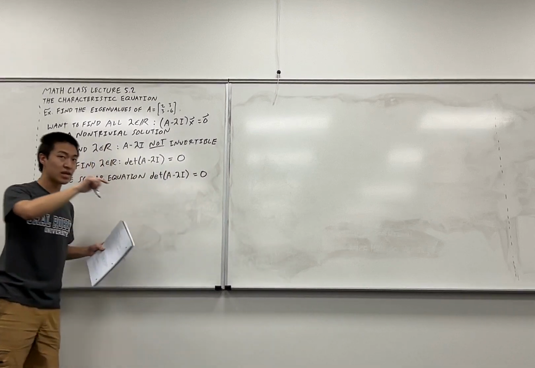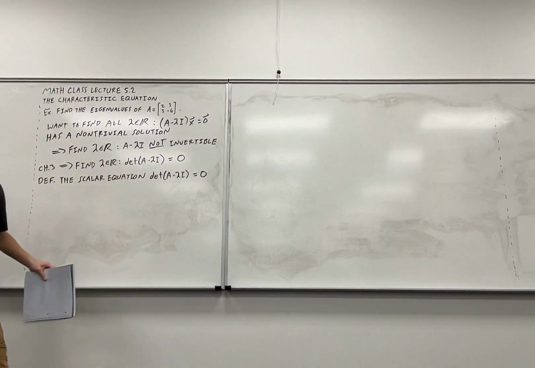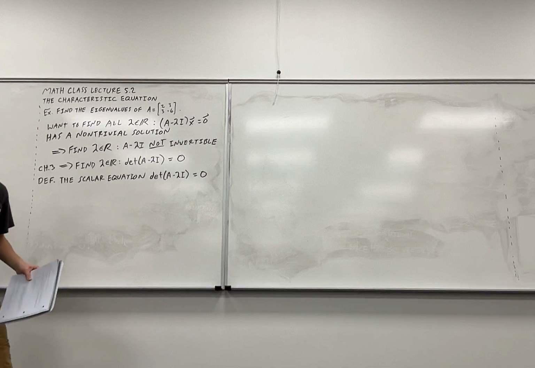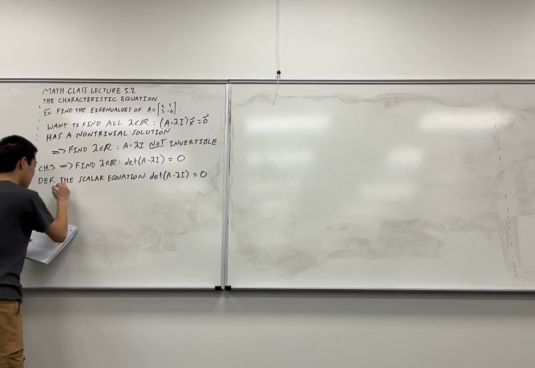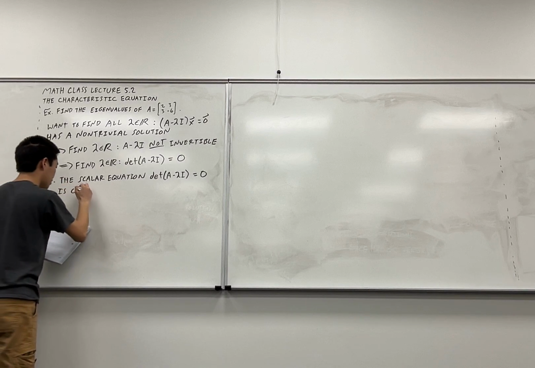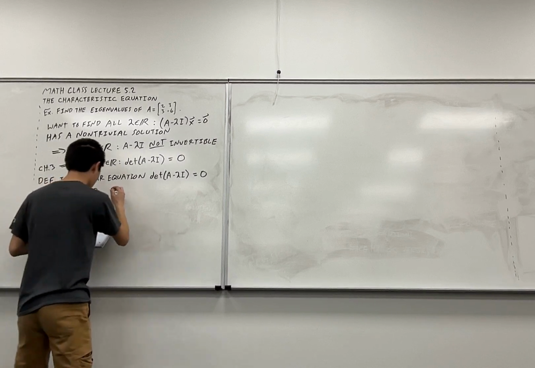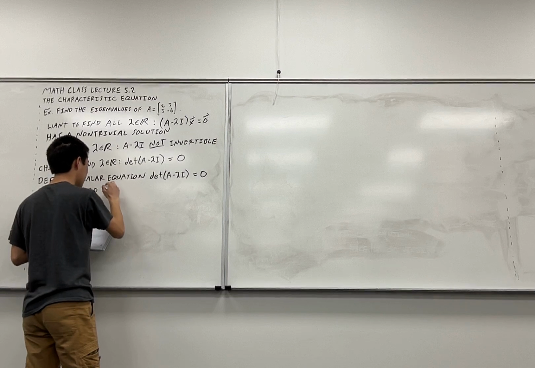Because recall, determinants don't spit out vectors, they don't spit out matrices. A determinant is ultimately just a number, a scalar. This is called the characteristic equation.